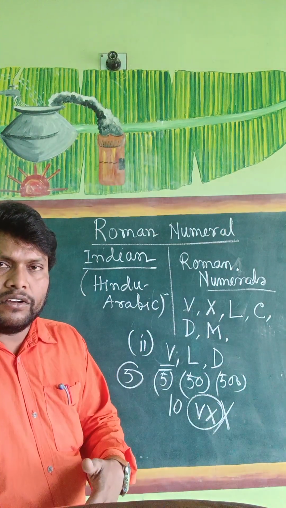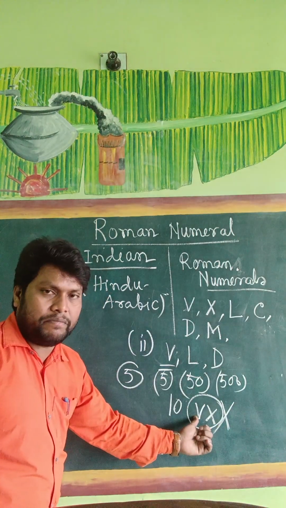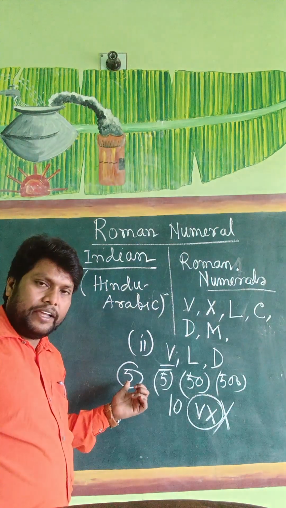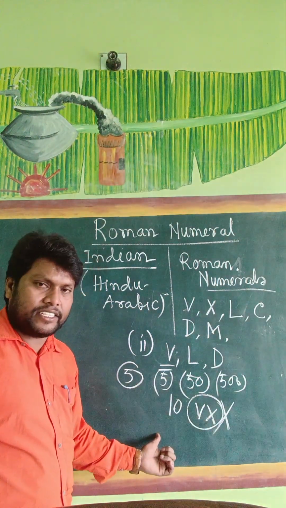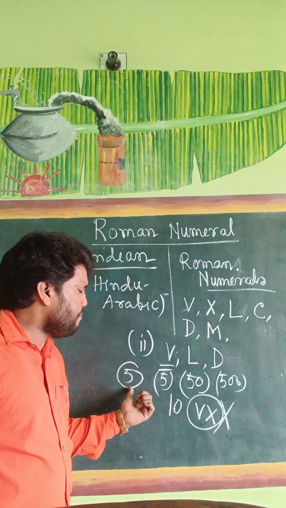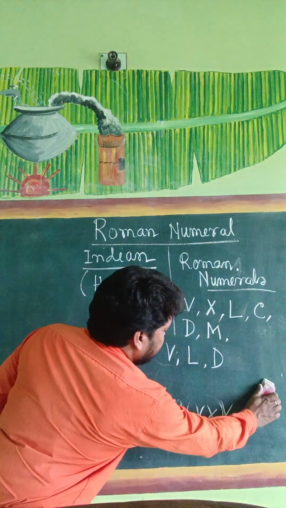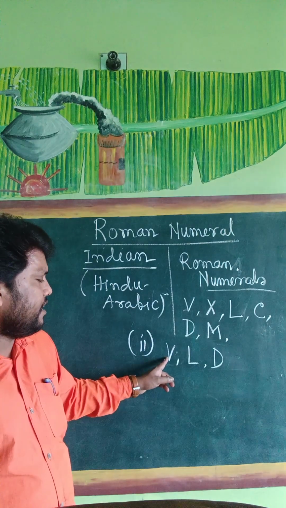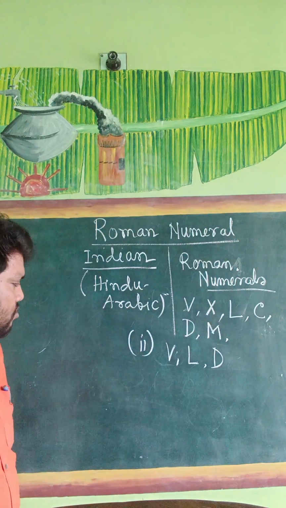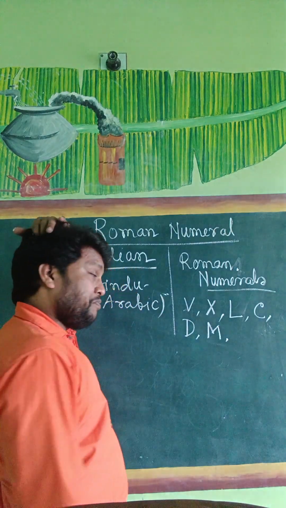So why would you find 5 as 10 minus 5? Because it has an individual value. V means 5, X means 10. So it is not necessary to write that 5 means 10 minus 5. For this reason, V, L and D are never subtracted. So this is rule number 2.